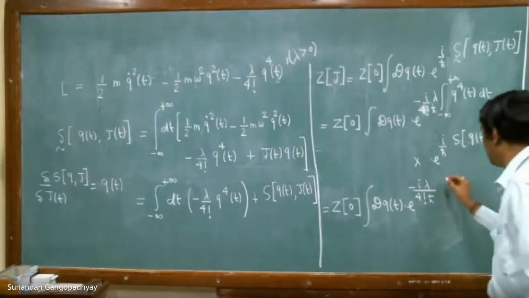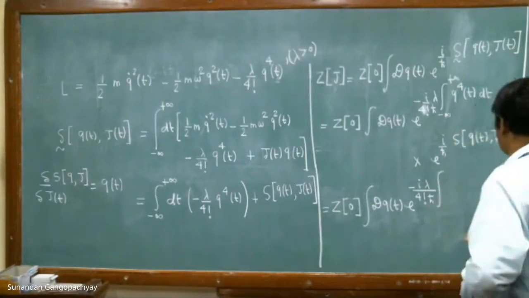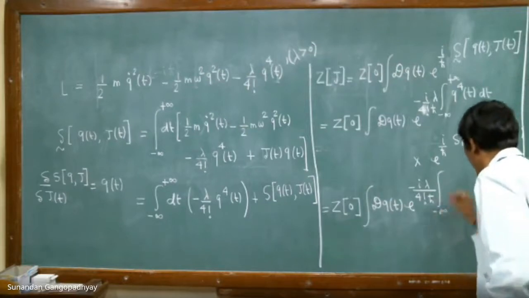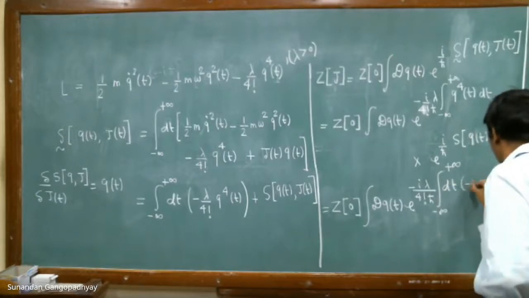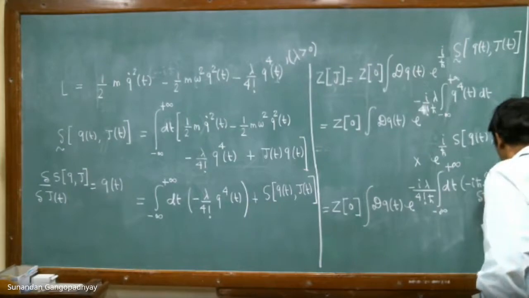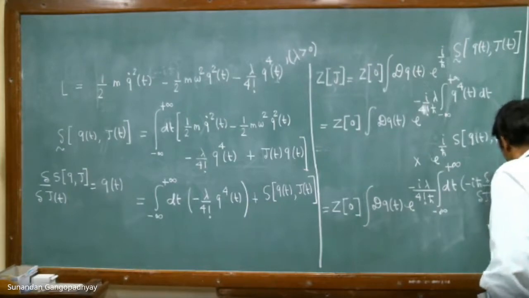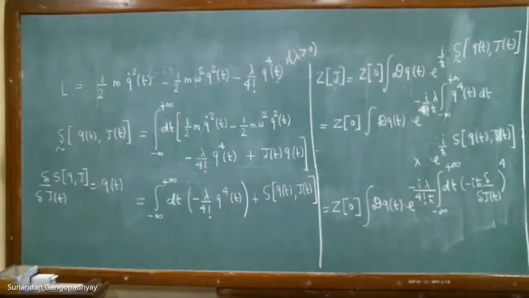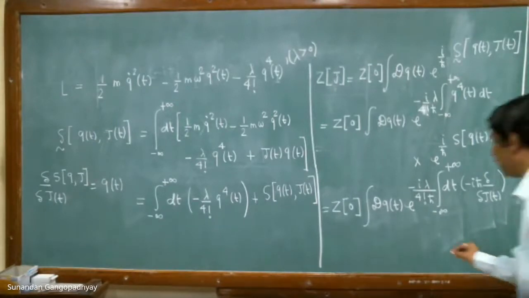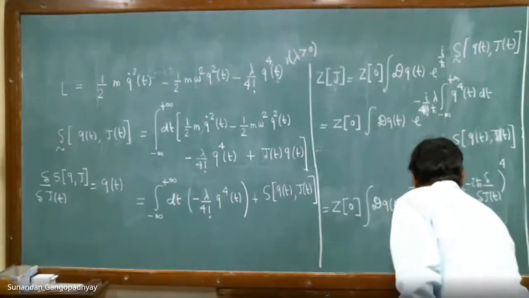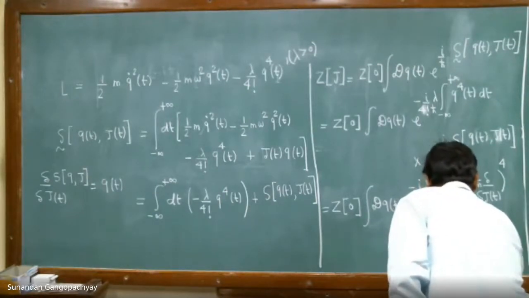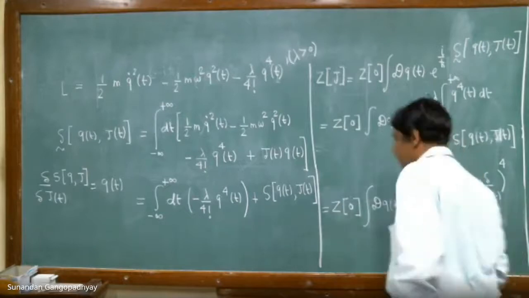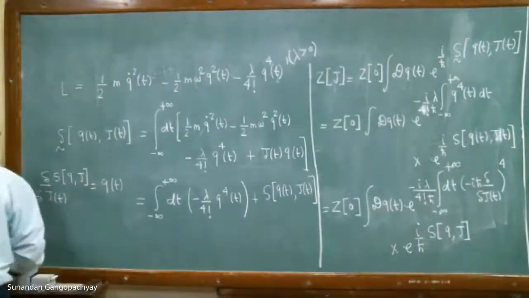So we can write this down as, and then acting on e to the power of i by h bar S[q, J, t]. I will explain what I have written now.